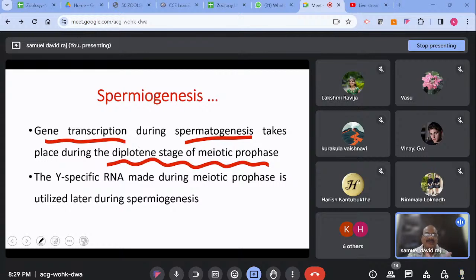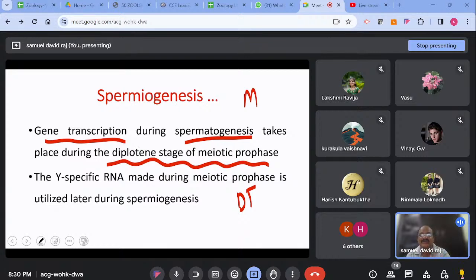We know that meiosis during gametogenesis is stopped at two places: one is metaphase, the other is the diploid stage of meiotic prophase.